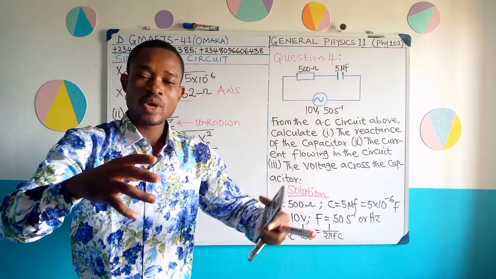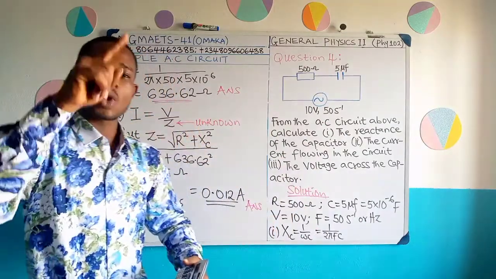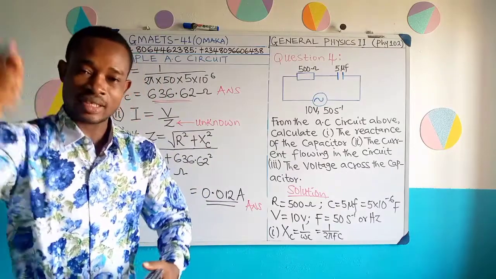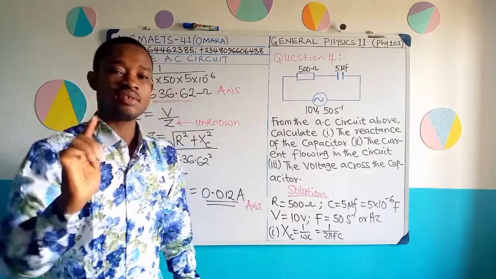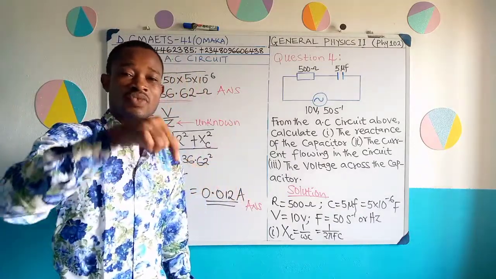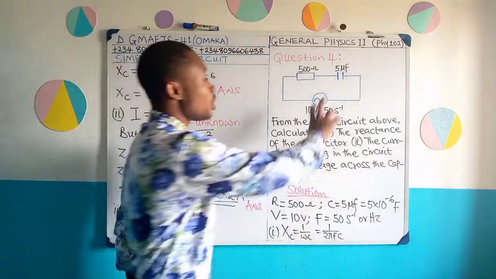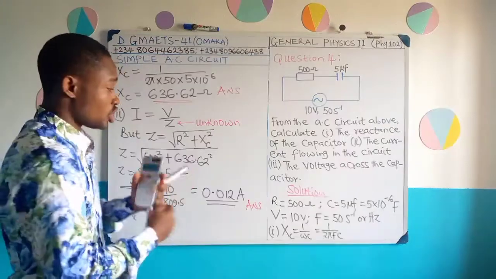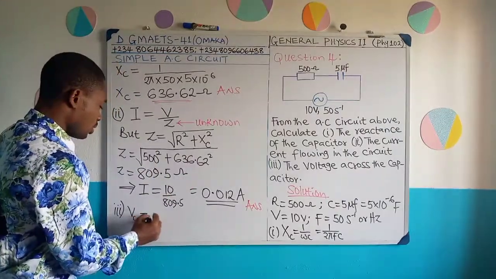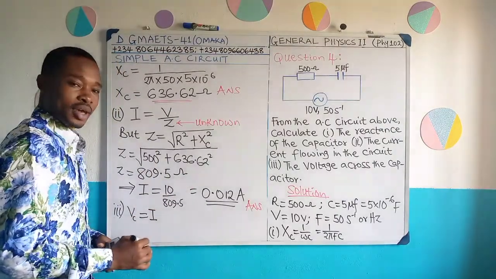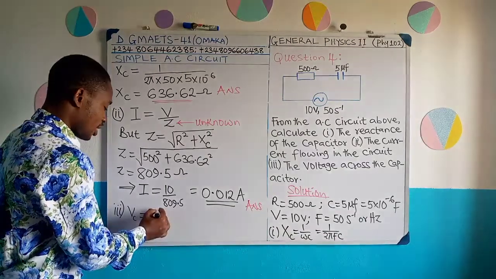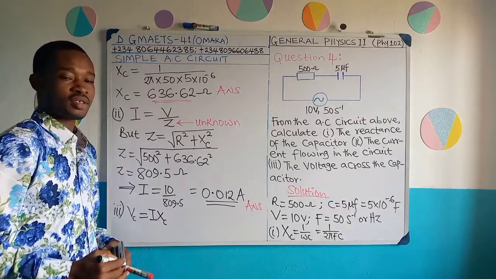Is that okay? In that case, V equal to IR will now become V equal to I XC, where XC is now representing the resistance, because we are dealing with the capacitor. That's what we are asked to find the voltage across. So this is going to be I, the current in the circuit, multiplied by the capacitive reactance.